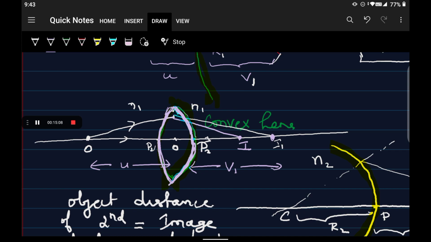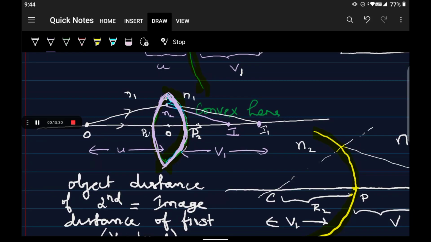So what have we done? Assuming the first refracting surface, we got the generalized formula, and then we applied the same concept and modified the necessary N1, N2 and N1 for the second equation, using the second refracting surface.